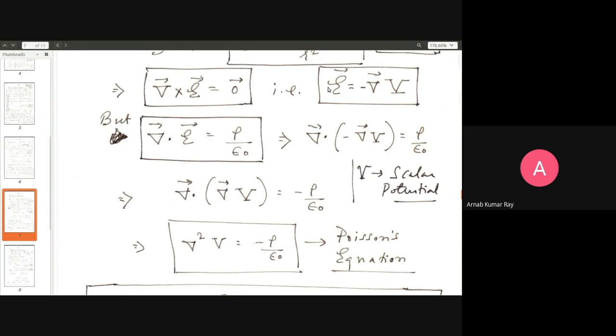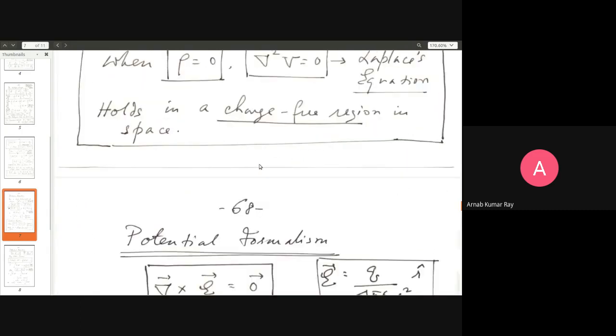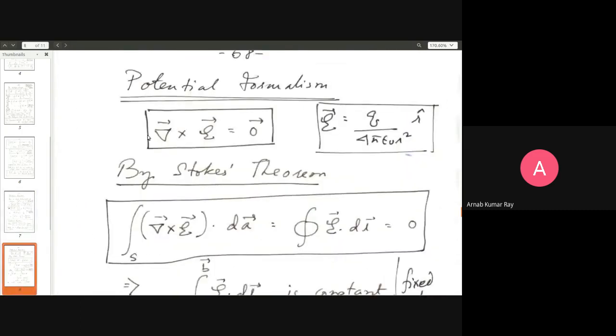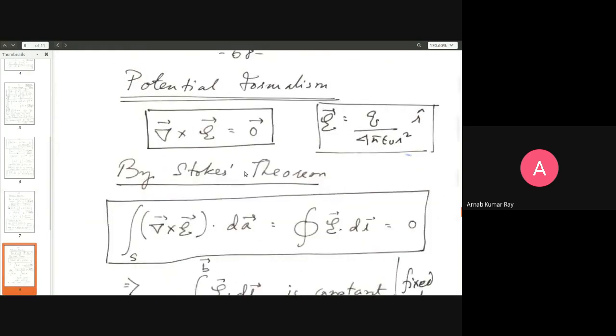The Maxwell equations are simply these: divergence of E, curl of E, divergence of B, curl of B. Those are the Maxwell equations. Okay, that said, now we shall go to some extra workout on the potential formalism.